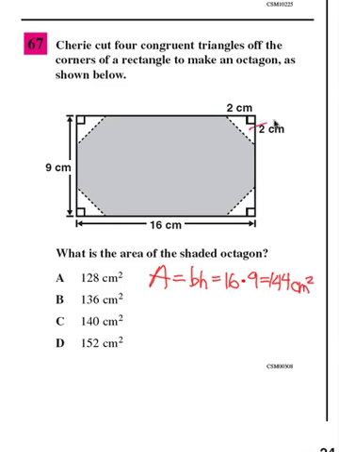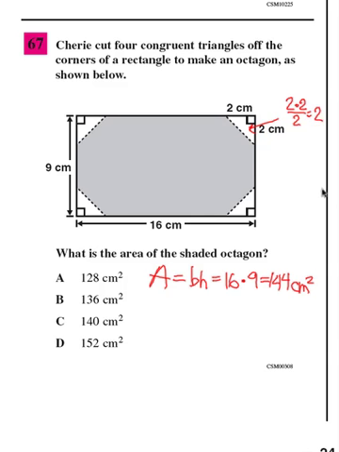Each one of these triangles is 2 times 2 divided by 2. 2 times 2 is 4, divided by 2 is 2.